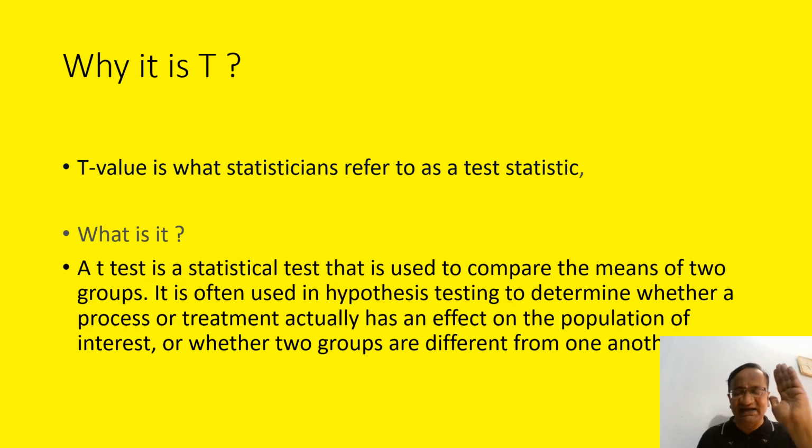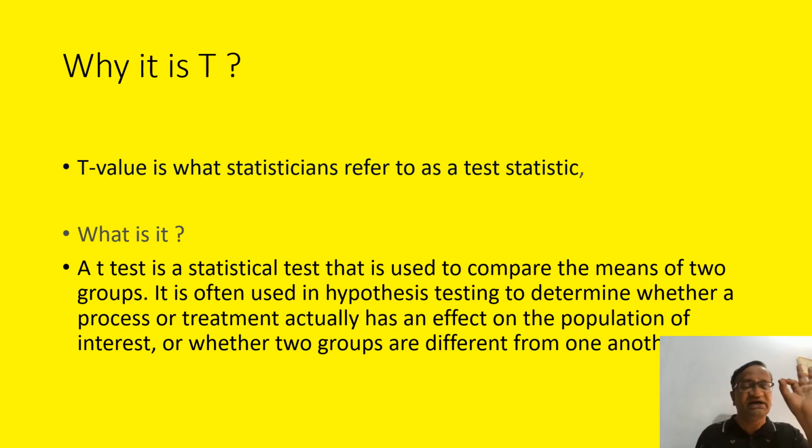What is it actually? A t-test is a statistical test. What is it used for? It is used to compare the means of two groups, to see whether your treatment, investigation or surgery has had an effect on the population of interest. This group is different from that group in terms of mean and standard deviation.